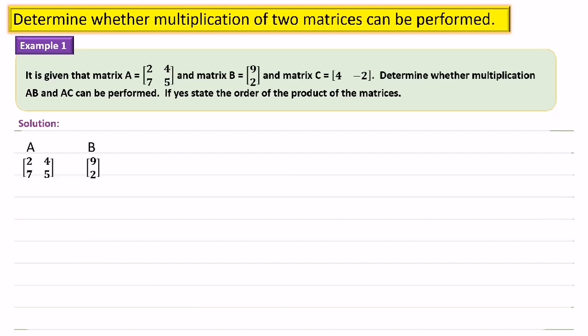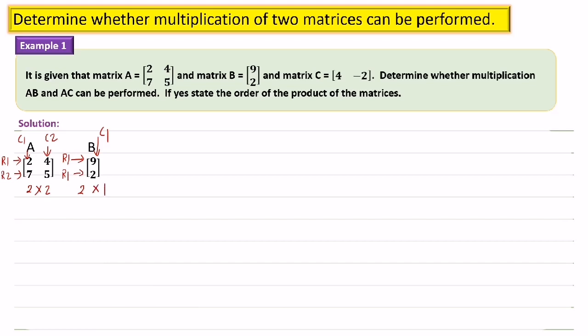First, we look at matrix A times matrix B. The order of matrix A is 2 by 2 because 2 rows, 2 columns. The order of matrix B is 2 rows, 1 column, so the order is 2 by 1.